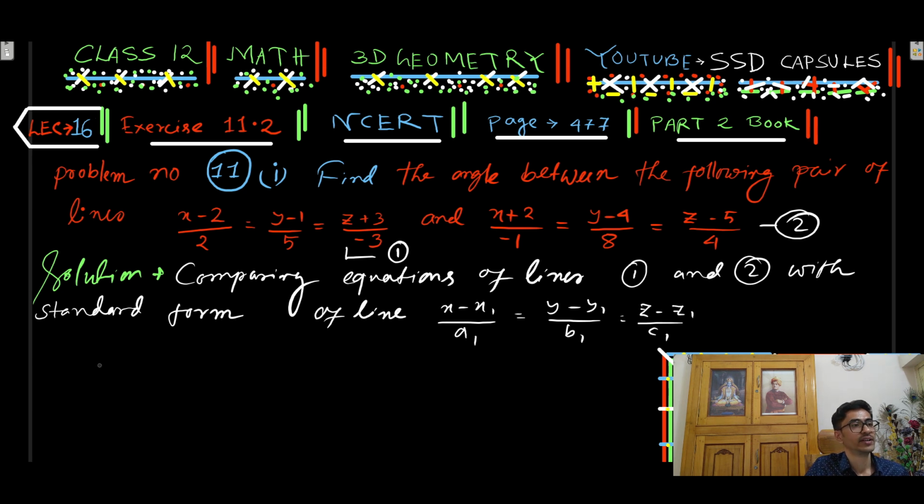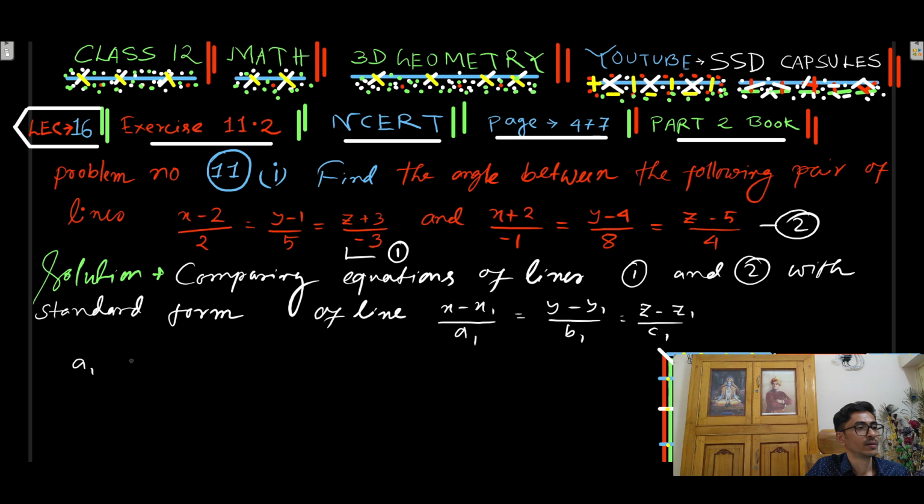We get, what we get? From equation 1, we just need a1, b1, c1. So x minus 2, y minus 1, z plus 3. And for equation 2, this is x plus 2, y minus 4, z minus 5, again in this form.